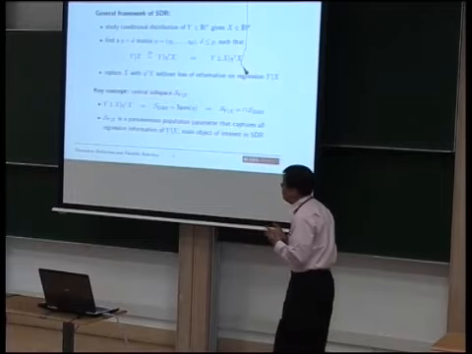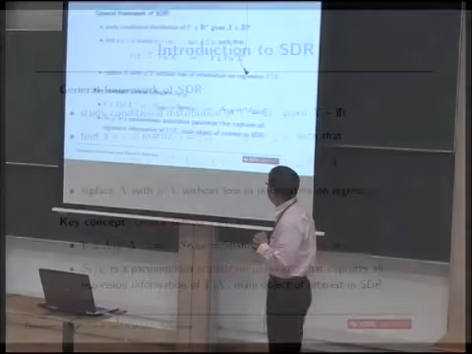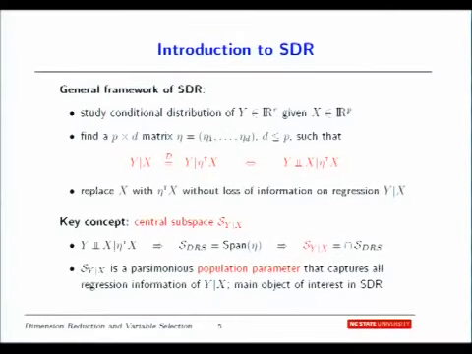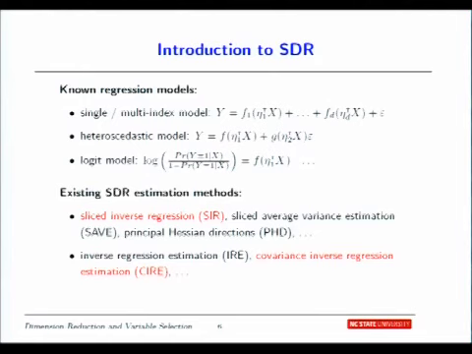By this definition, this central subspace is a parsimonious population parameter that captures all regression information. So the central subspace is the main object of interest in our dimension reduction inquiry here. And this structure of the central subspace is actually pretty general. Here I list just some examples here.